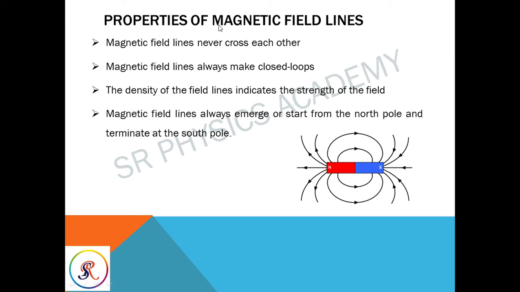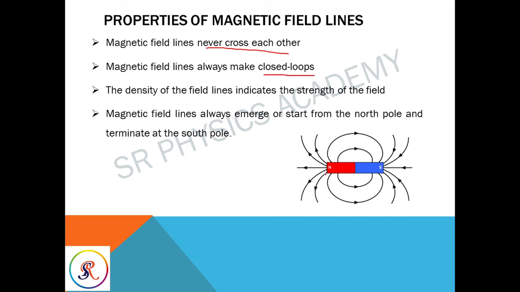Magnetic field lines, first one, never cross each other. Suppose we take this diagram, this line: it is not merged here. That's the first property, they never cross each other. Second, magnetic field lines always make closed loops. What is the meaning of closed loops?